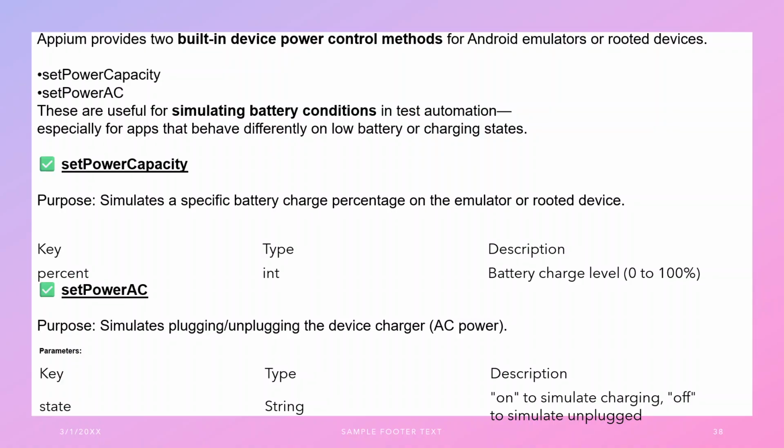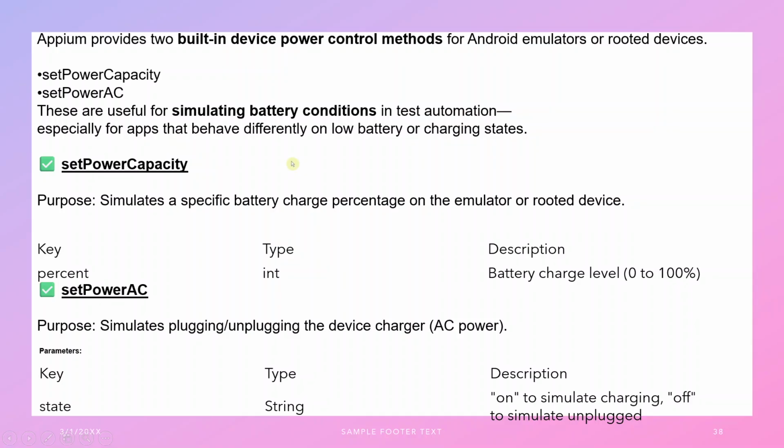I want to see how it behaves with low battery, or high battery, or a sudden change in my battery level from 100 to 50. That type of condition we can simulate by using this method.